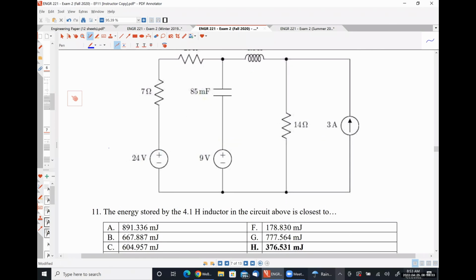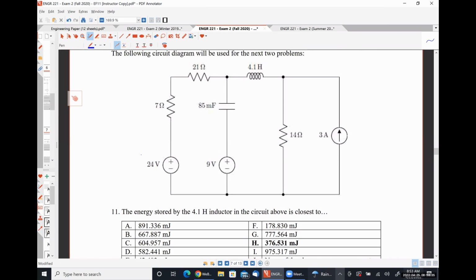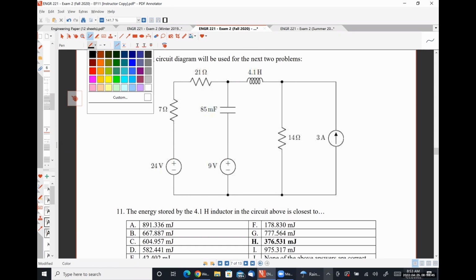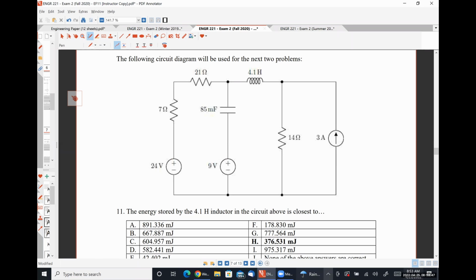So let me, excuse me. We'll need that value in a moment.